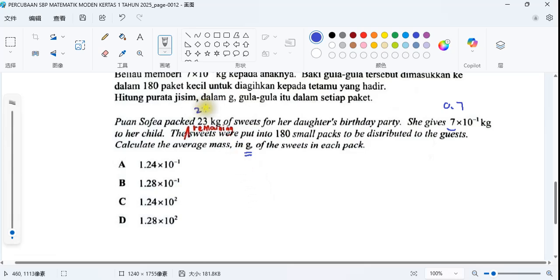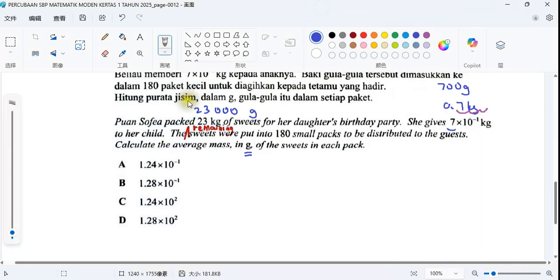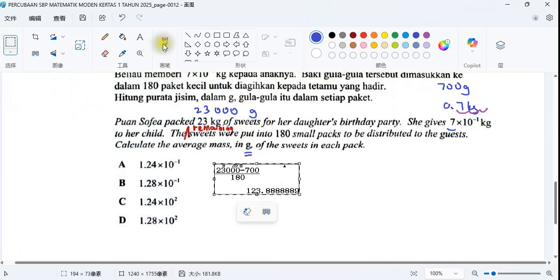So this is 23000 gram. And this one we multiply by 1000, then this is 700 gram. So we have 23000 minus 700, divided by 180. Then this will be the answer.